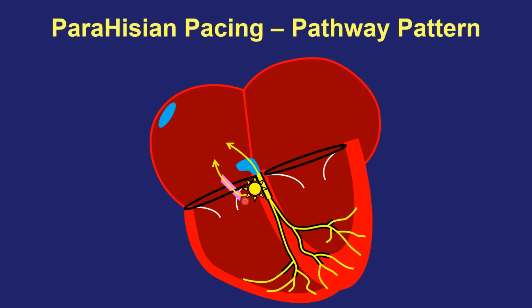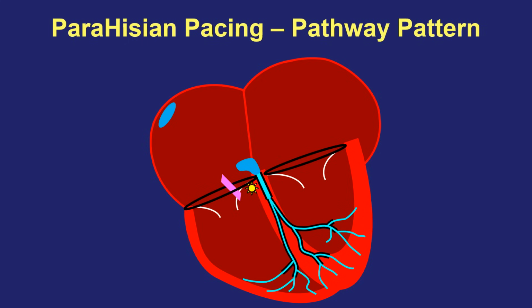And in fact, that's probably a little faster usually than going up the AV node, because AV node conduction is slower typically than accessory pathway conduction, and they're both right in the neighborhood, and so you have a relatively short VA time. What happens though when you lower the output and you capture only ventricular muscle?